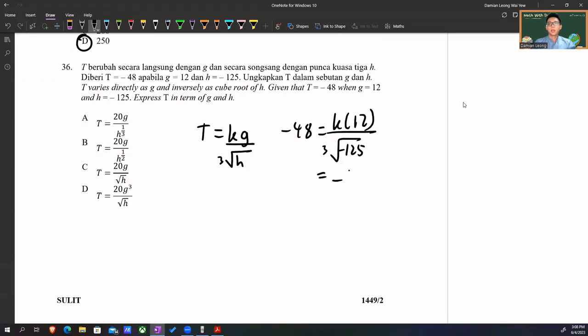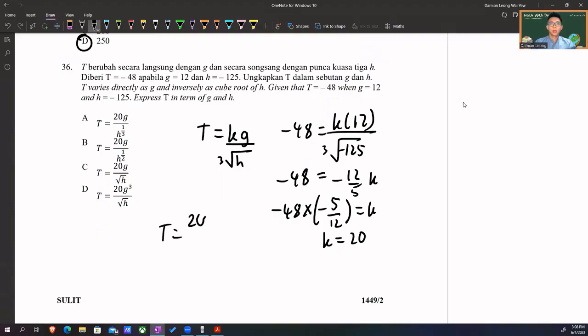So this is negative 12 over 5K. Bring over the fraction, flip it around, times negative 5 over 12 equals K. So K is 20. So T equals 20G over the cube root of H. They don't have cube root here, but cube root is the same as power 1 over 3. So the answer would be A.